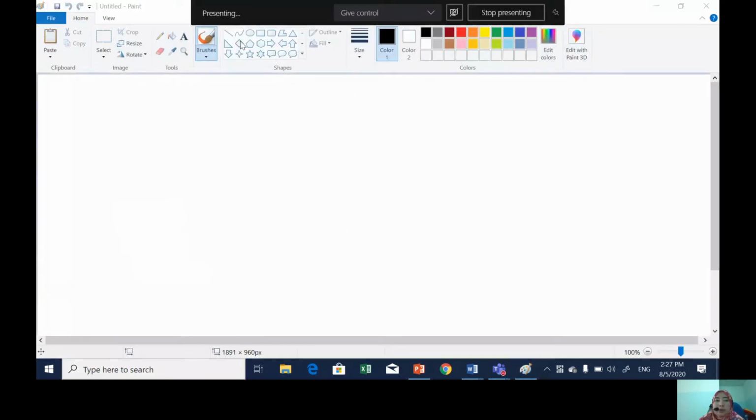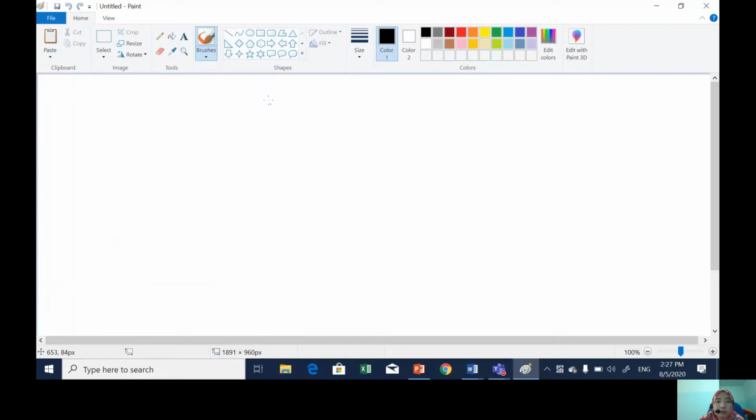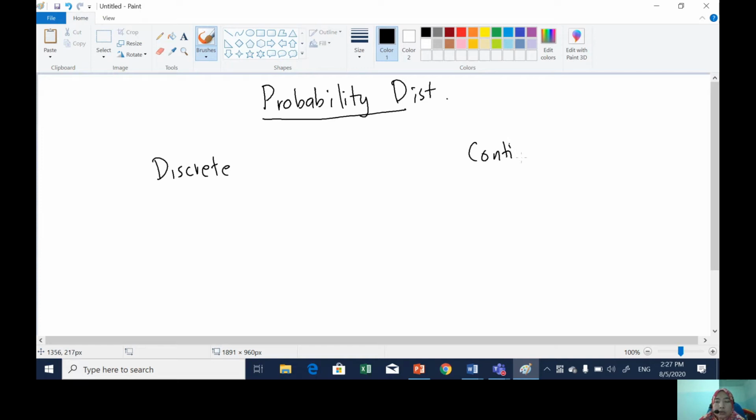So for this probability distribution, there are two main types. They belong to the discrete random variable or the continuous random variable.